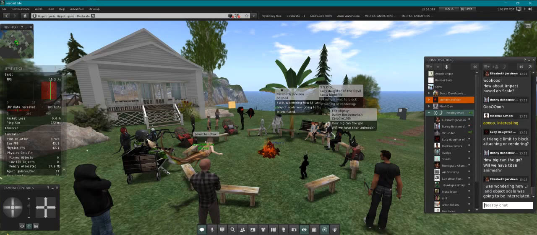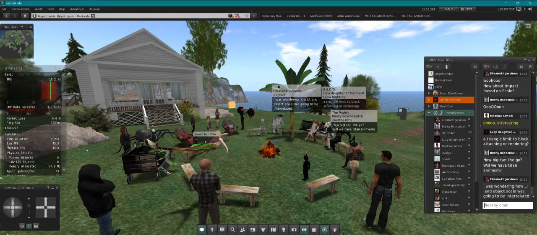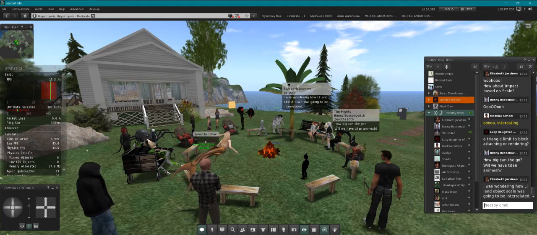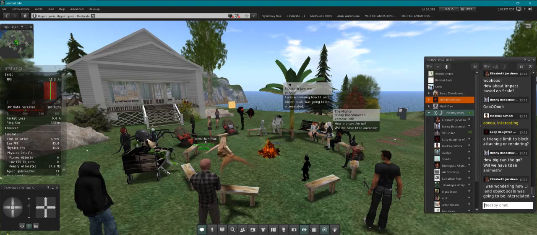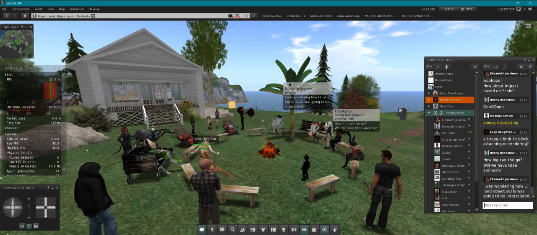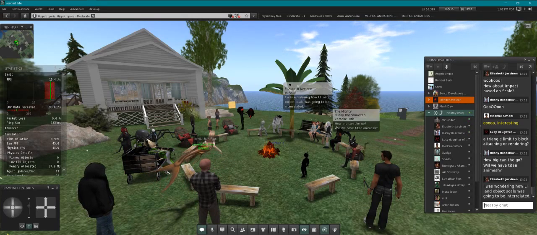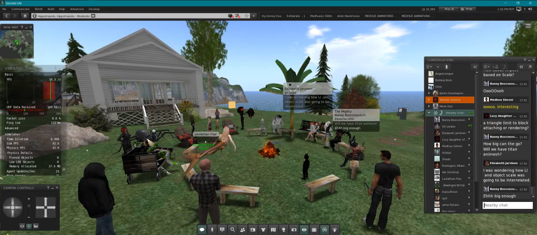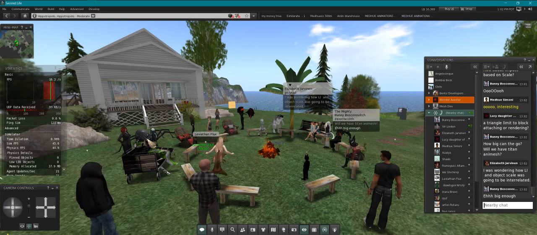The scale question. We don't really have any specific new limits related to Animesh scale currently, so it's going to be the same as for avatars, I think. If we need to get more complicated than that, then we can look into it, but haven't done anything with that so far.